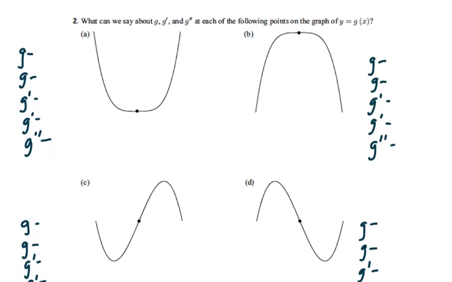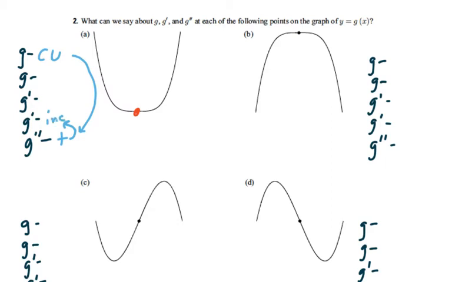Okay, ready? Now this is happening at the point. What's going on at the point? Okay, at this point right now, this graph is concave up. Because it's concave up, I can say right away, the second derivative is positive. Because the second derivative is positive, I can say that the first derivative is increasing. Great.